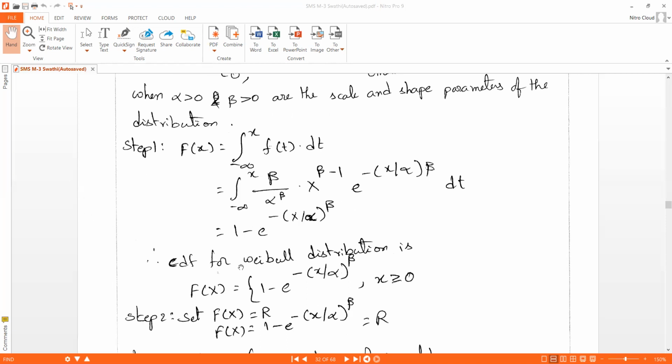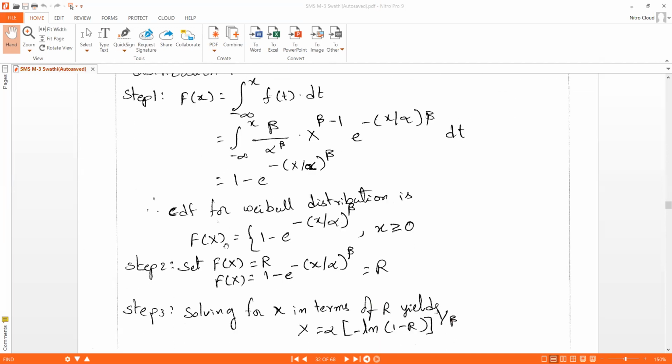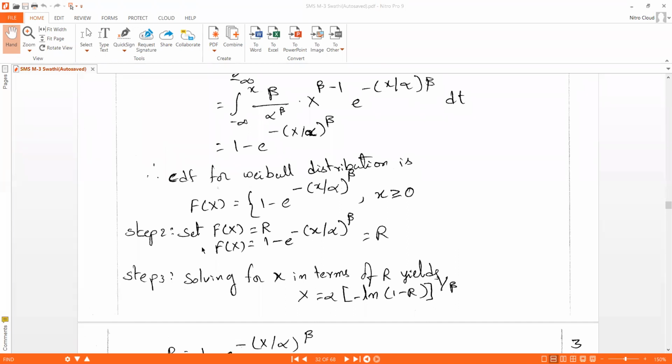We know the PDF, and we have calculated the CDF in step 1. Now step 2, what do we need to do? We need to set F of x equal to r. F of x is 1 minus e power minus (x by alpha) power beta, and we set it equal to r.